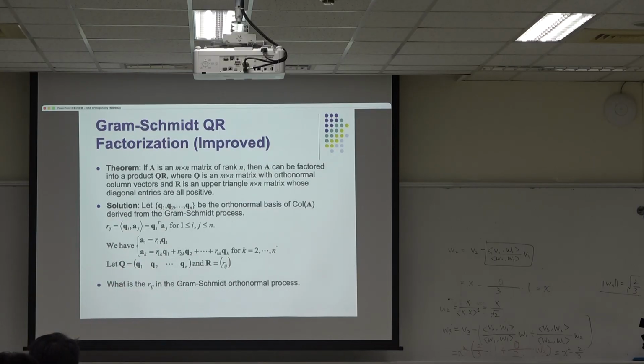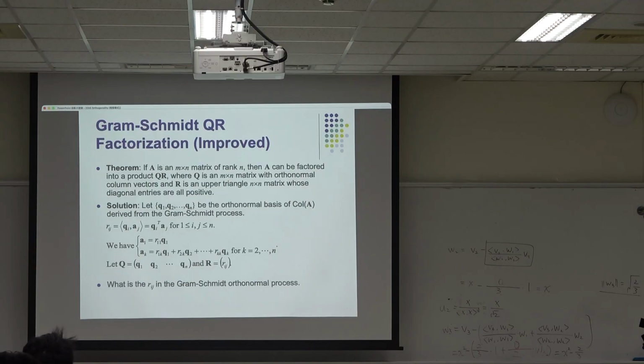This decomposition is called Gram-Schmidt QR factorization. So if A is an m by n matrix of rank n, by the way, if you look closer, you will see that m must be greater than or equal to n.